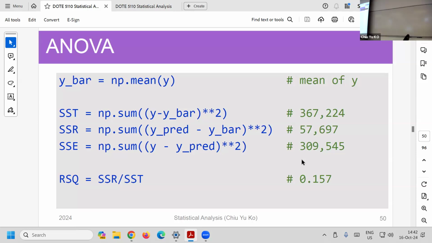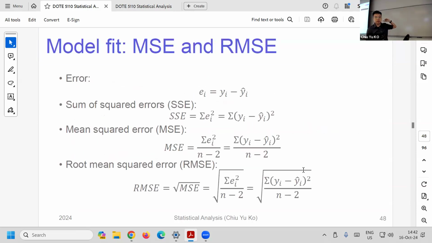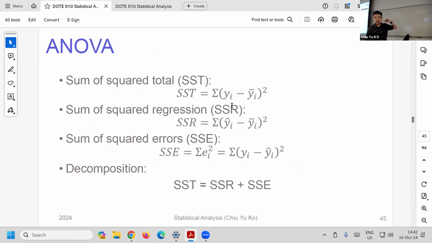So this is exactly the formula we just wrote down. SST is just the sum of (y_i minus y bar) squared, using np.mean.